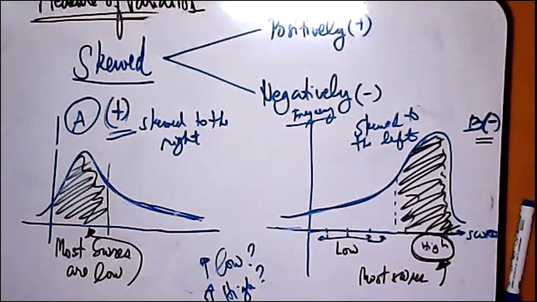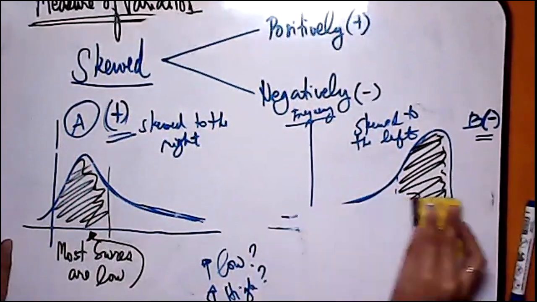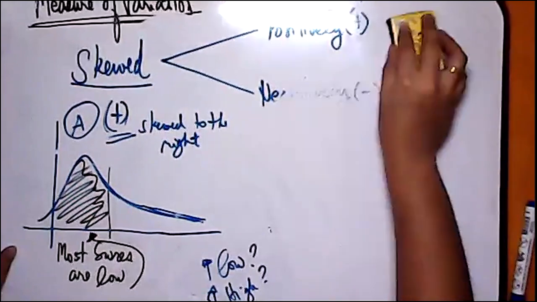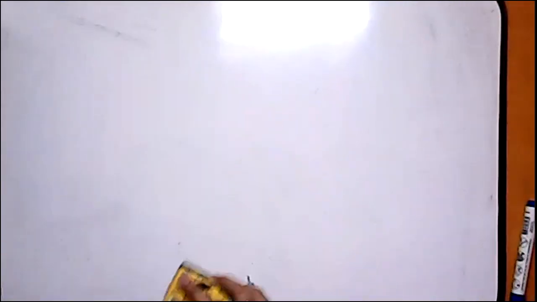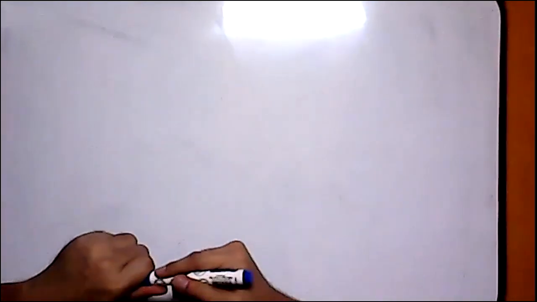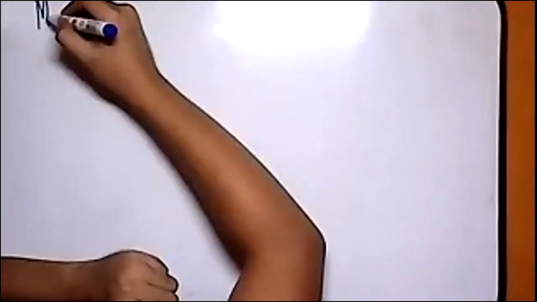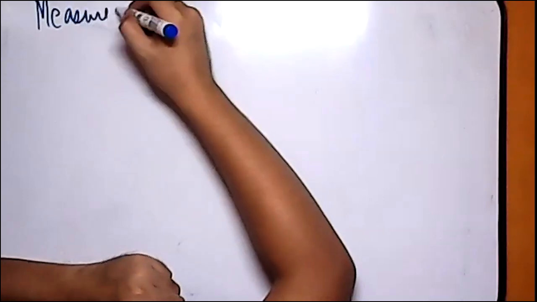Alright. Let's proceed to the next one. So that's the measure of variation. Now, last but not the least is the measure of position.